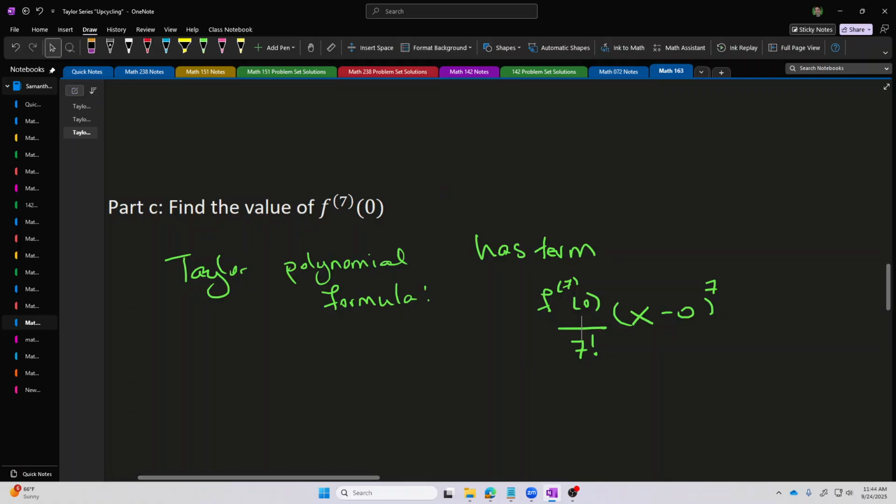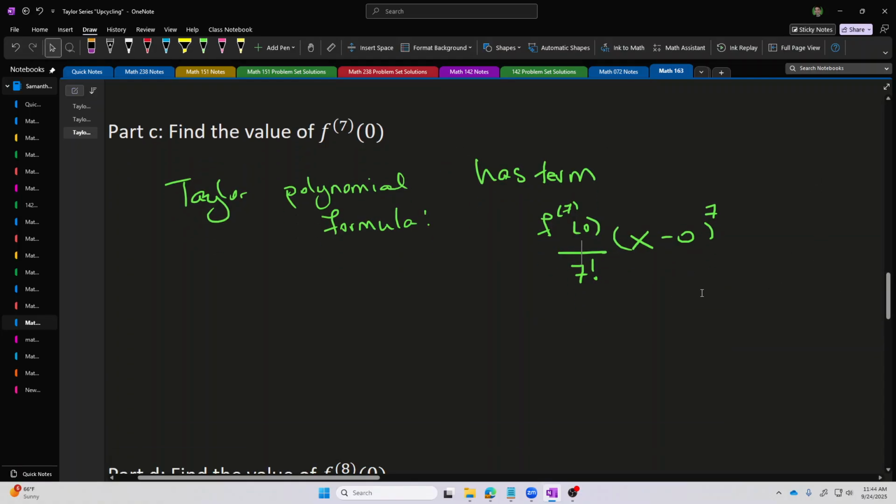So the Taylor polynomial formula says that your polynomial is going to have this term inside of it. This is going to be the format of your 7th exponent term.